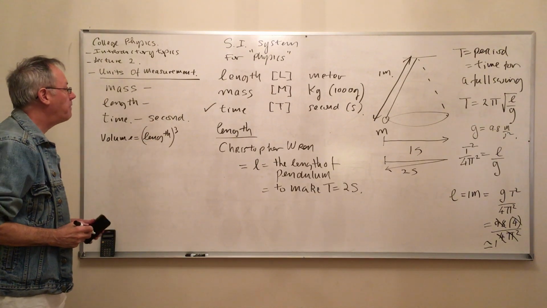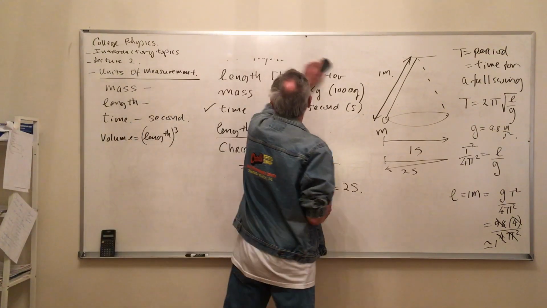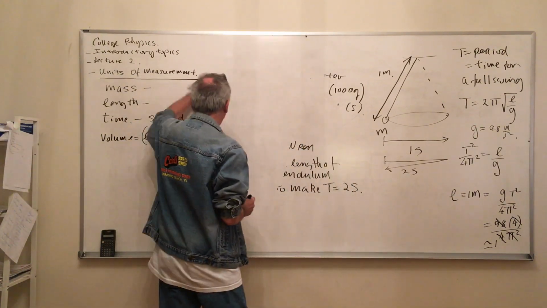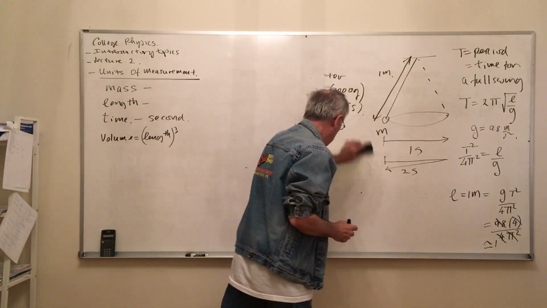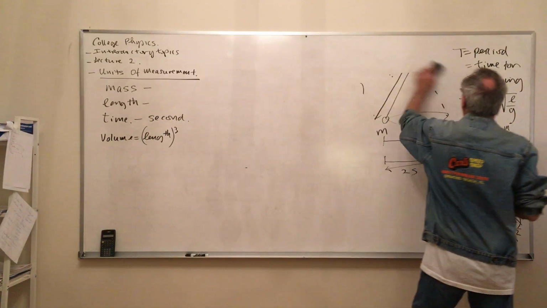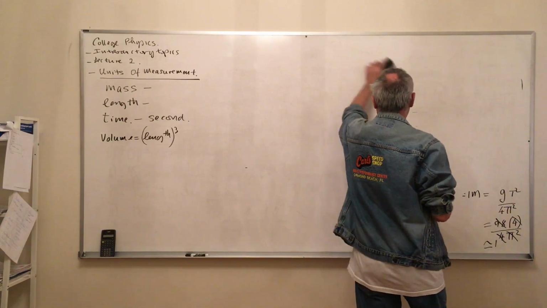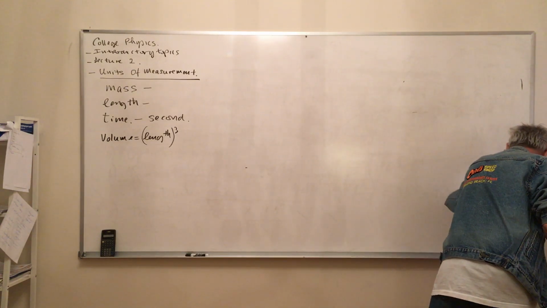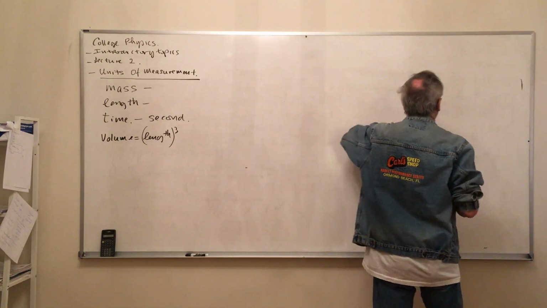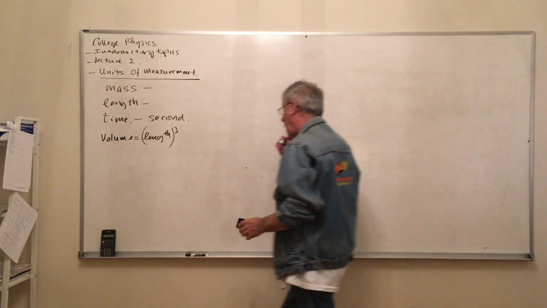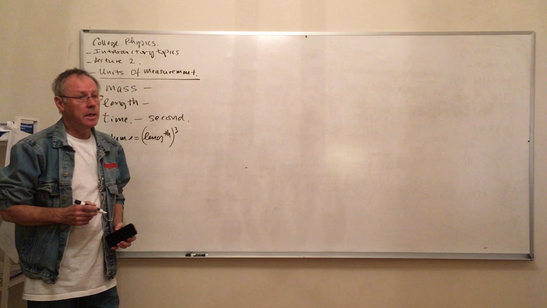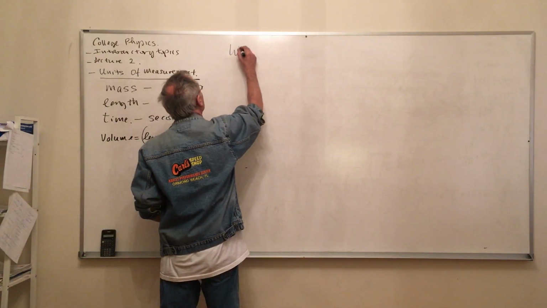Now we go on to the unit of mass. A common commodity on the earth is water.